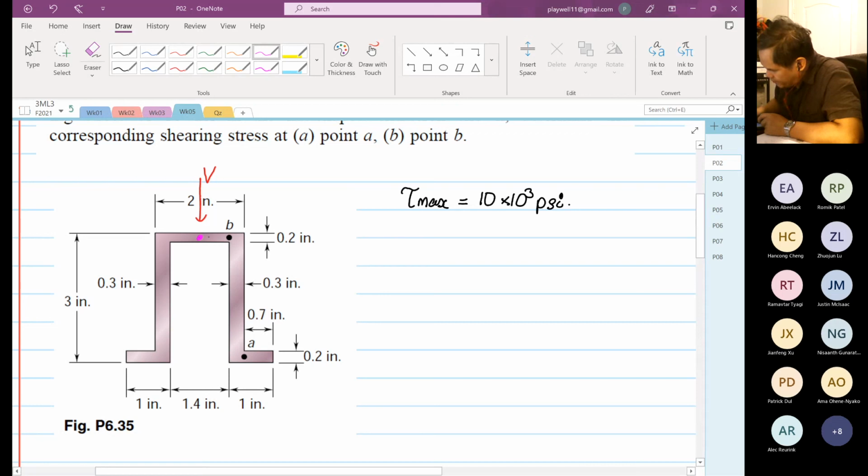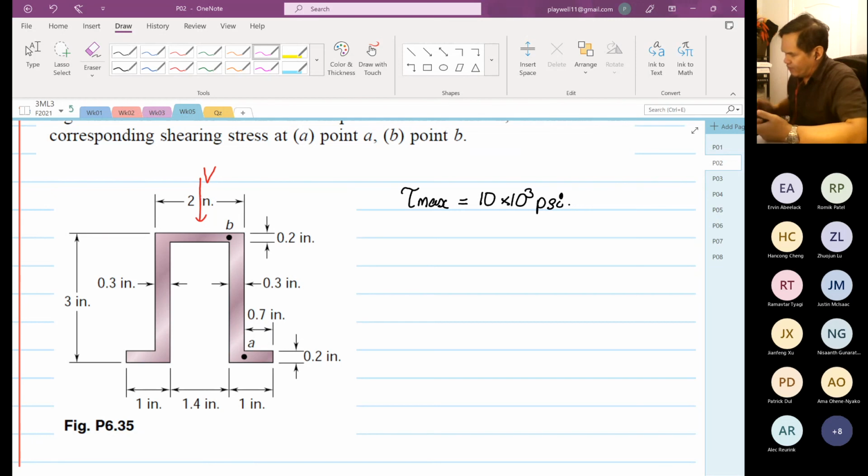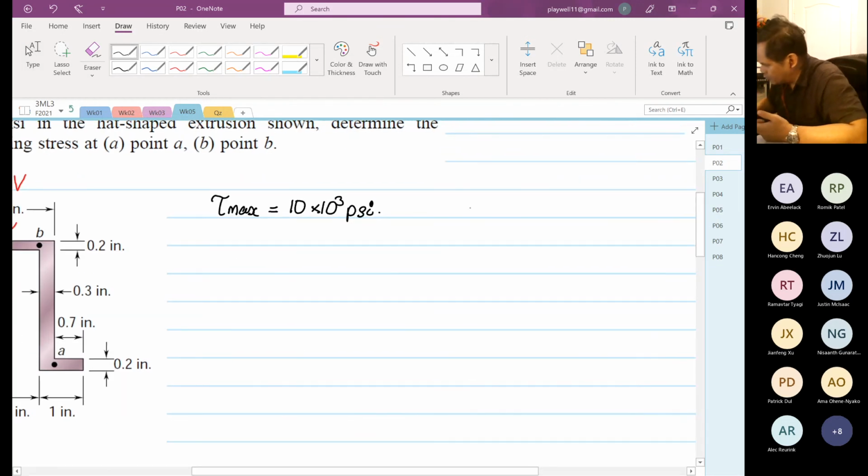So over here, the shear flow, one will go towards the left, one will go towards the right. Then it will come down. Or let's apply what I've taught you. So if we look at rule number 5, before we go to rule number 5, let's quickly recall. Rule number 1, V and I are constant.